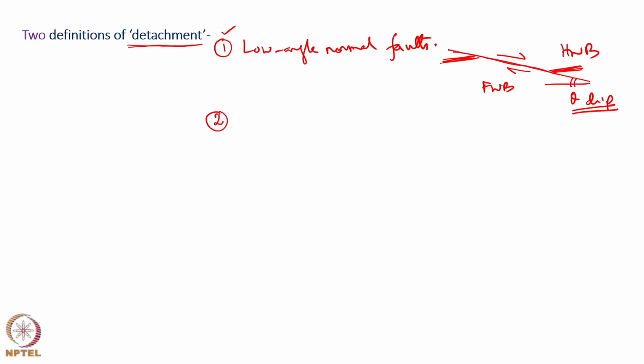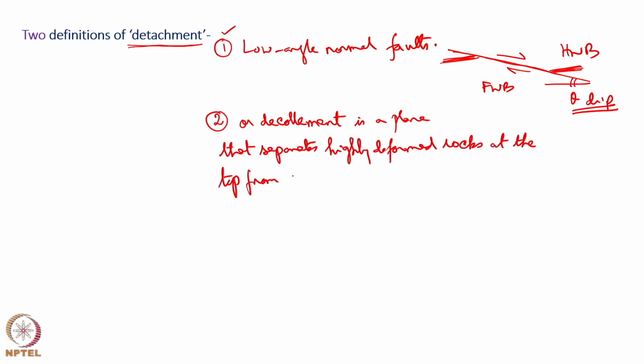What is the second definition? Detachment or décollement is a plane that separates highly deformed rocks at the top from less deformed or undeformed rocks at the bottom.